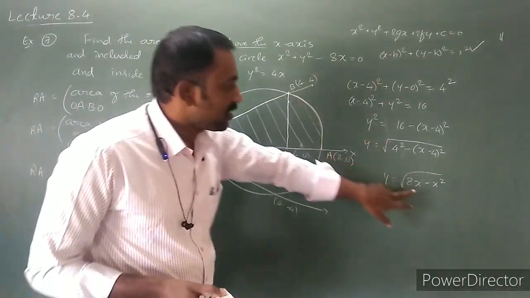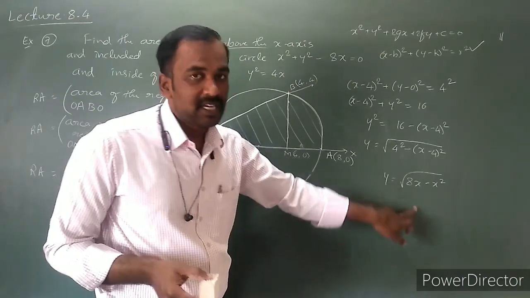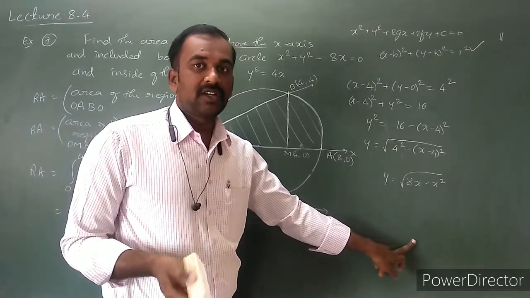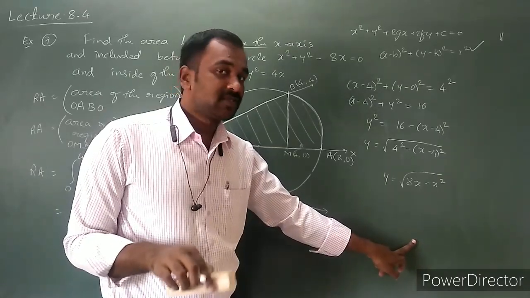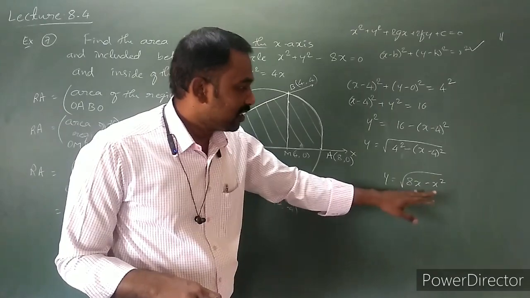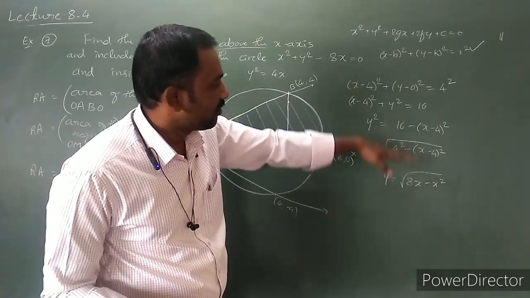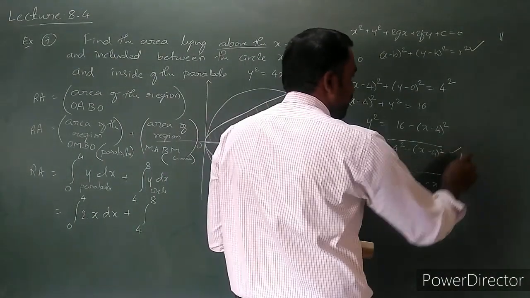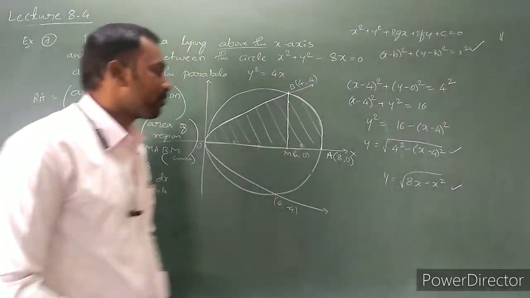Instead of writing this much, if you did this much, again we have to do the making perfect square, a square minus x square, or a square plus x square, or x square minus a square form under the root. Instead of doing this, at the beginning only I just rewrote it. Either do it this manner or that manner, nothing to worry.